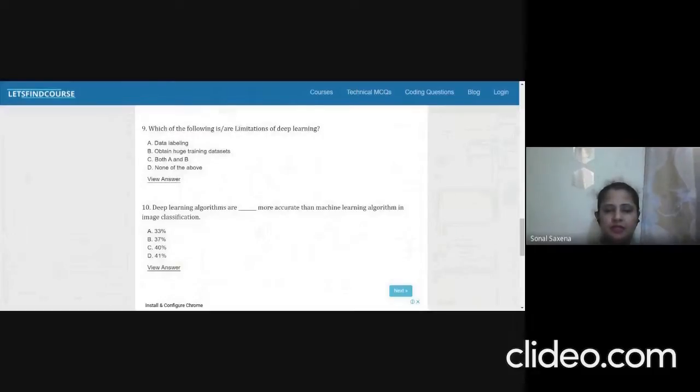Question number 10 says, deep learning algorithms are dash more accurate than machine learning algorithms in image classification. The options are 33%, 37%, 40%, and 41%.